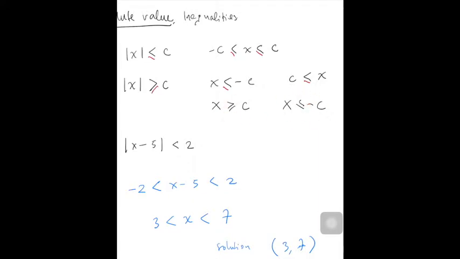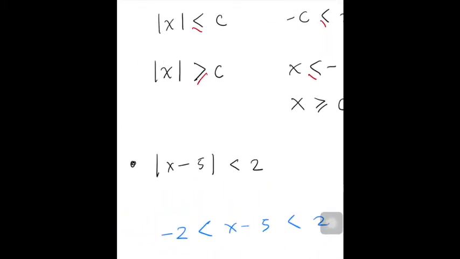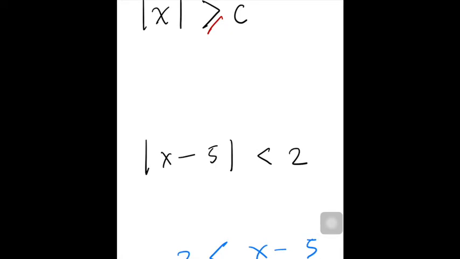Okay, so as in our example here, absolute value of x minus 5 less than 2. So for x minus 5, we have two components here, the positive one and negative one. So I have positive and negative.